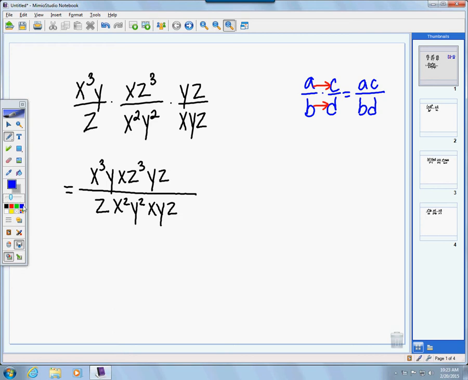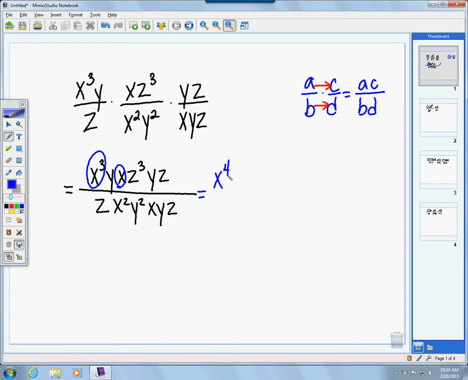I'm going to see how many x's I have. If I have an x cubed times an x, that's going to give me an x to the 4th. That is pulling from your product rule of exponents. If I'm multiplying two values that have the same base, I add together their exponents.